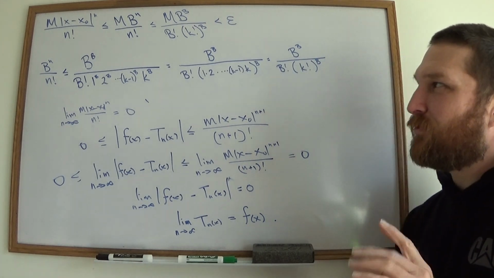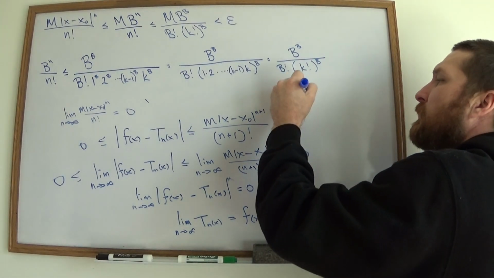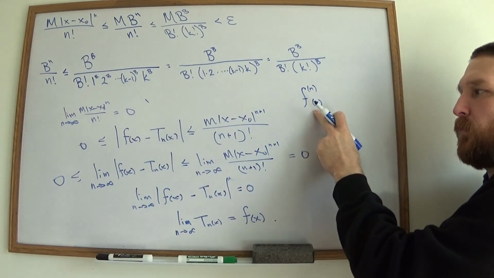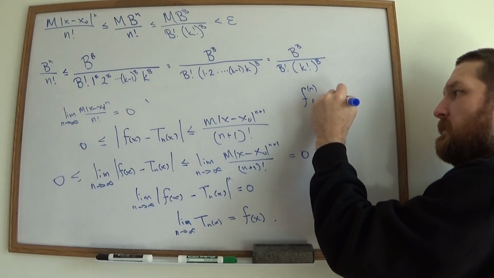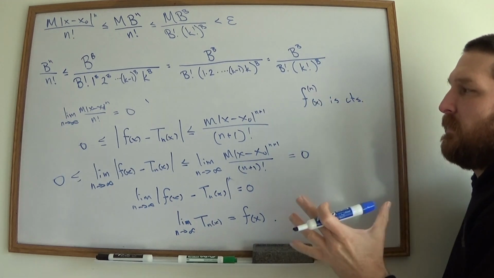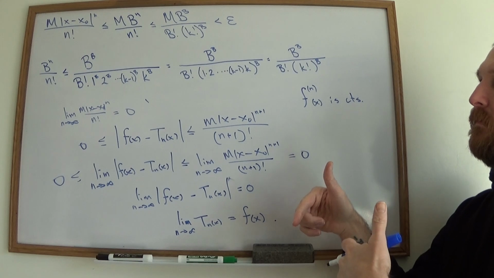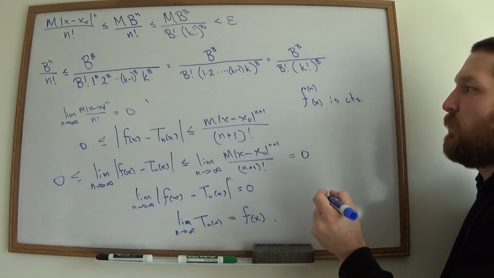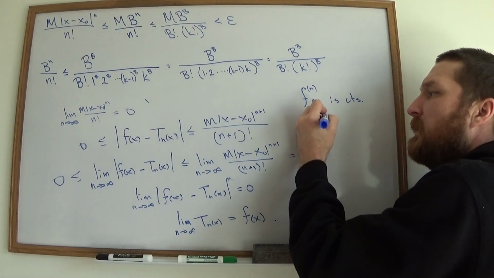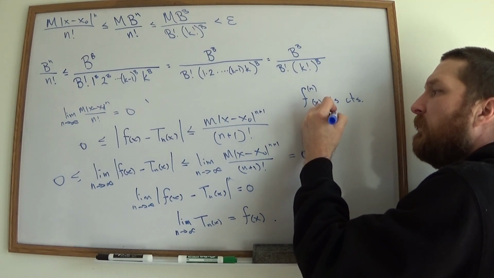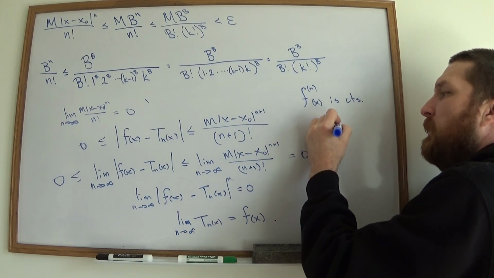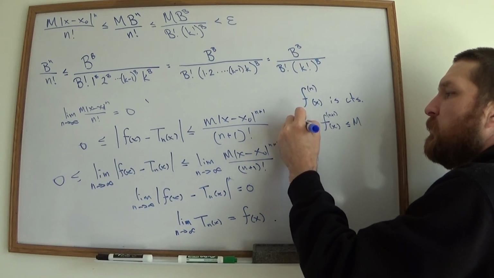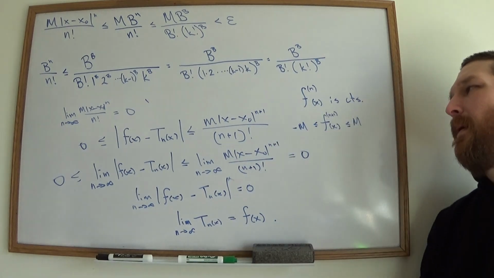We just have to make sure that all of our derivatives are continuous, because if one weren't continuous, we couldn't have taken the integral of it, right? But really, we only needed one of them to be bounded. We needed the n plus first one to be bounded like that.